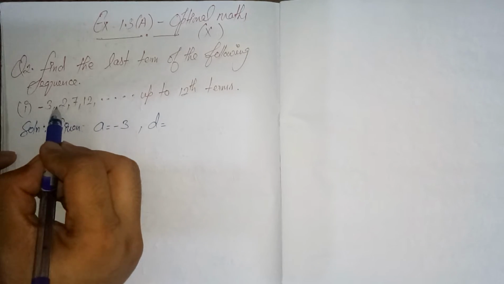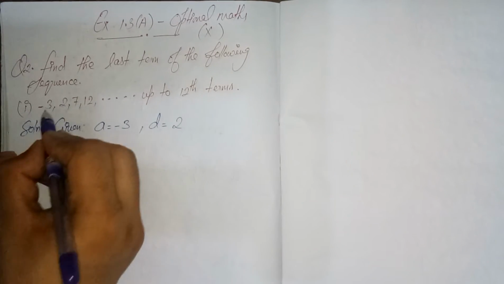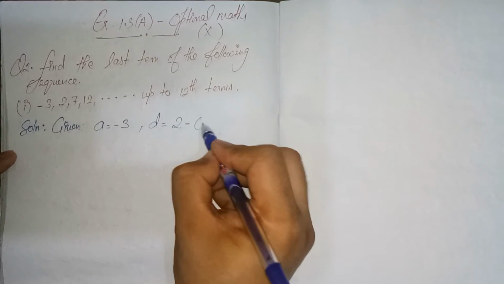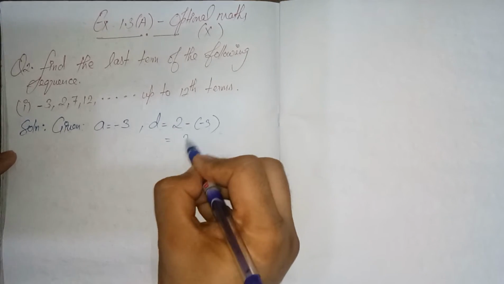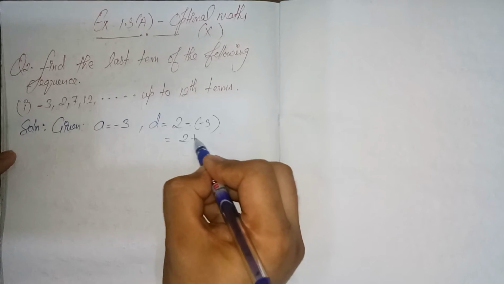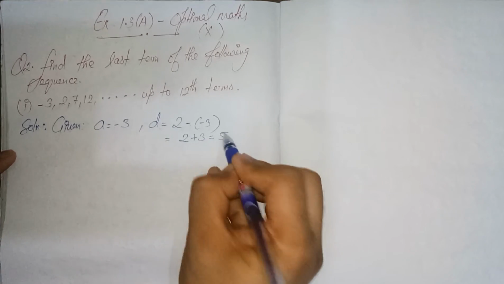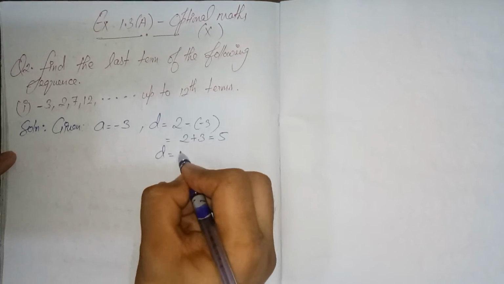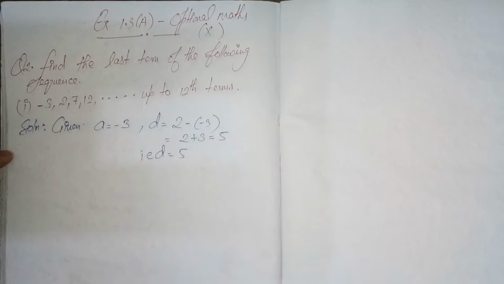If I take 2 and subtract the first term -3, it gives 2 minus (-3), minus into minus is plus, 3, which is equal to 5. So we get d equals 5.